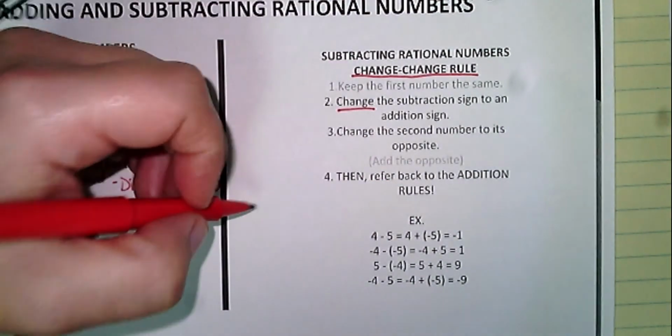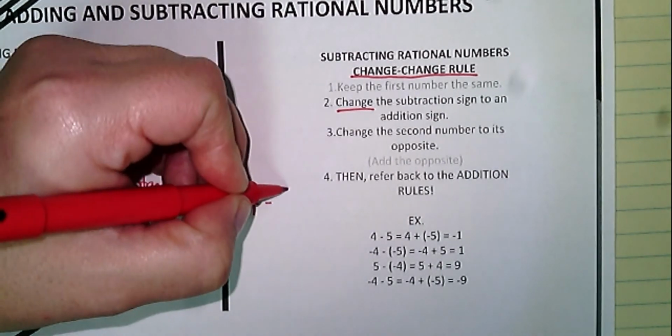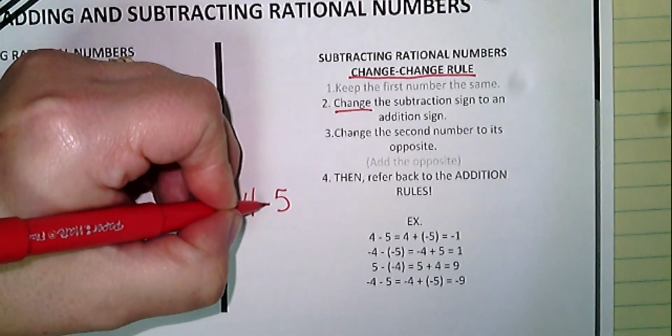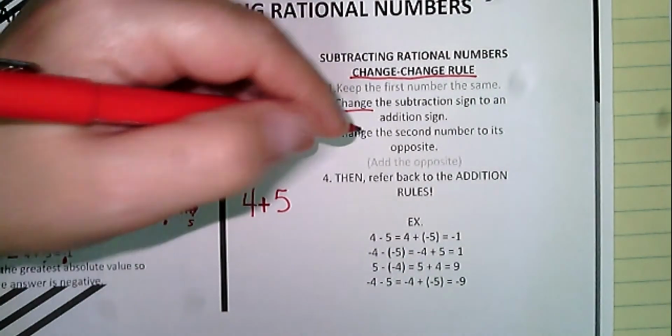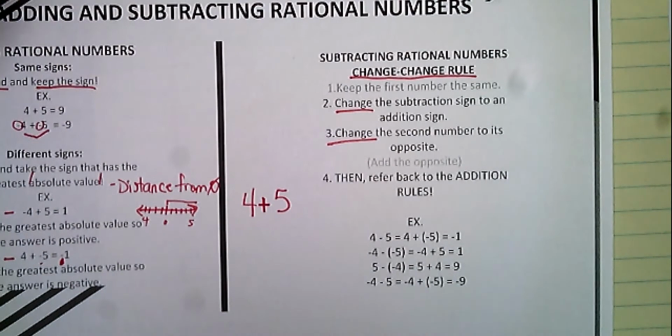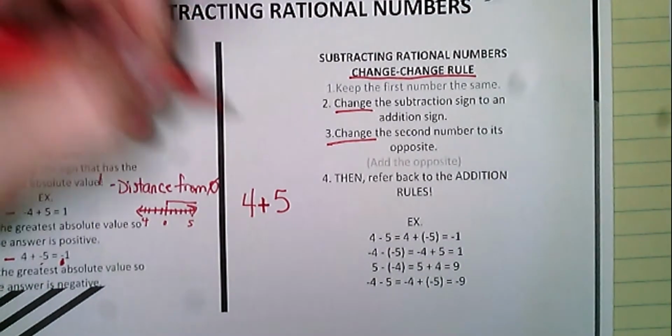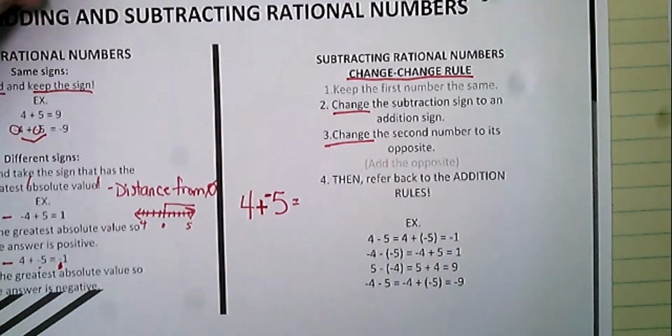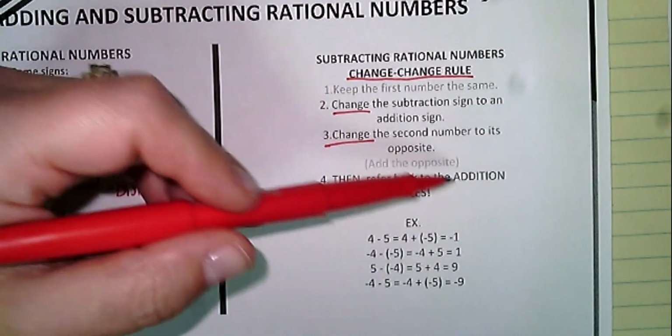Like, let's say if you have 4 minus 5, right? So you change this sign, your subtraction sign, to an addition sign, and then change the sign, the second number, to its opposite. So the opposite of positive 5 is negative 5. So it's change.